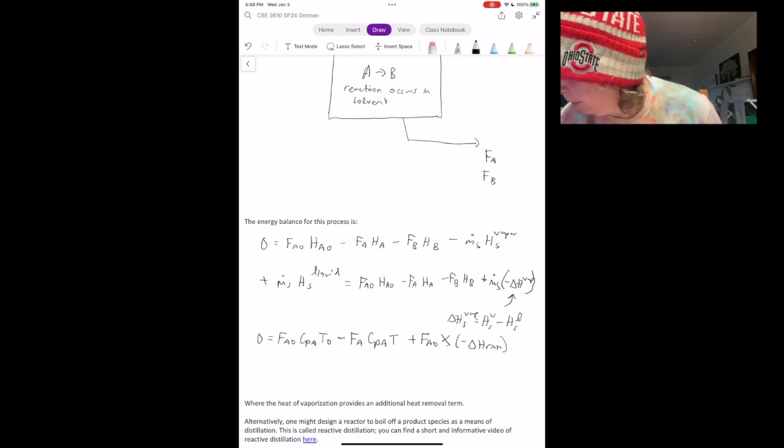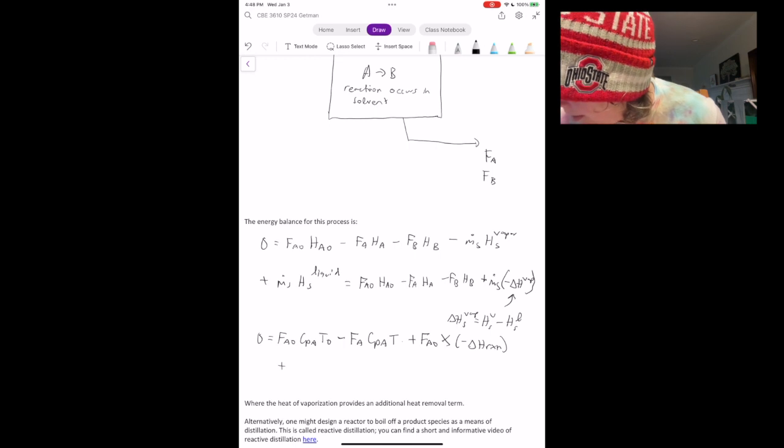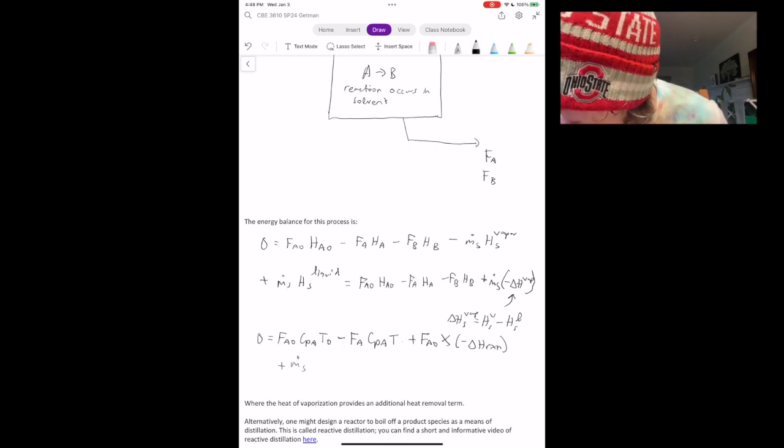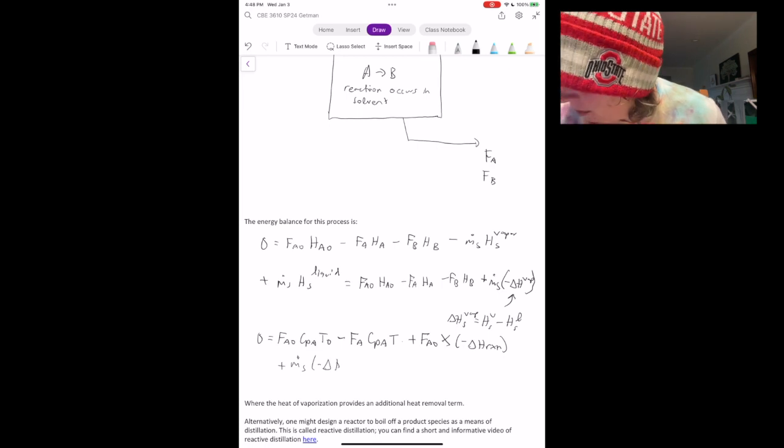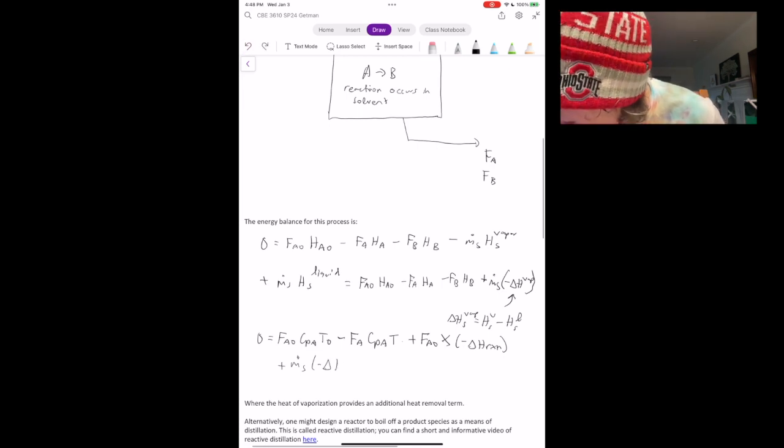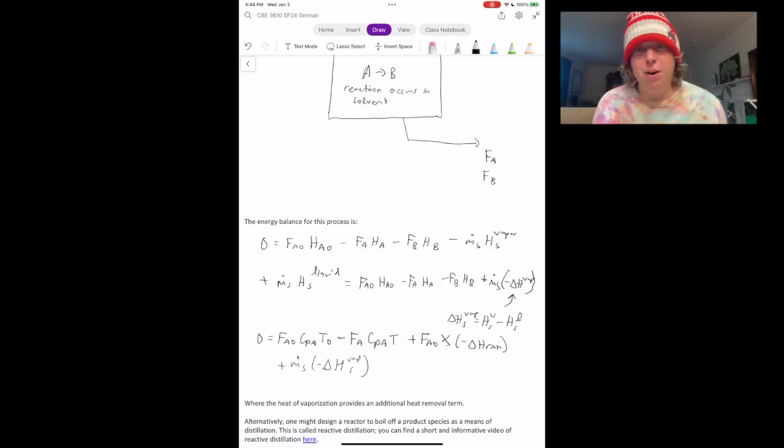These are all terms we're used to, and then we'd have plus the solvent times negative heat of vaporization of the solvent. So if this was water, this could be, for example, 540 kilocalories per kilogram.